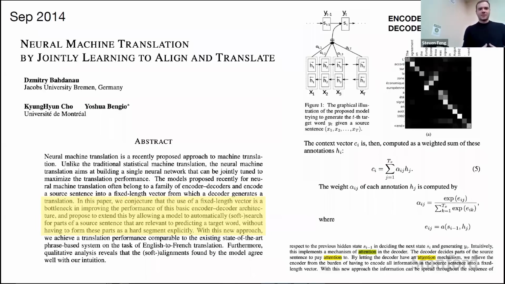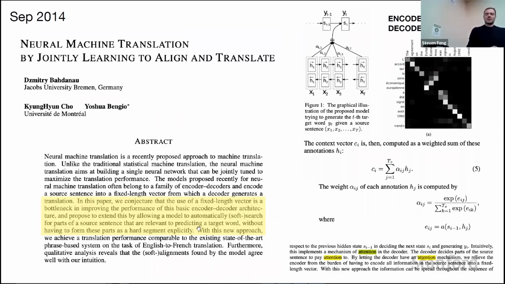And so that brings us to this paper, Neural Machine Translation by Jointly Learning to Align and Translate. And here, just quoting from the abstract: "In this paper, we conjectured that the use of a fixed-length vector is a bottleneck in improving the performance of the basic encoder-decoder architecture, and proposed to extend this by allowing the model to automatically soft-search for parts of the source sentence that are relevant to predicting a target word, without having to form these parts or hard segments explicitly."